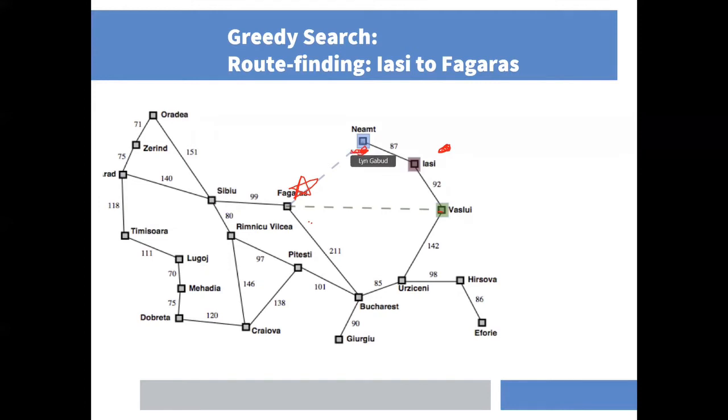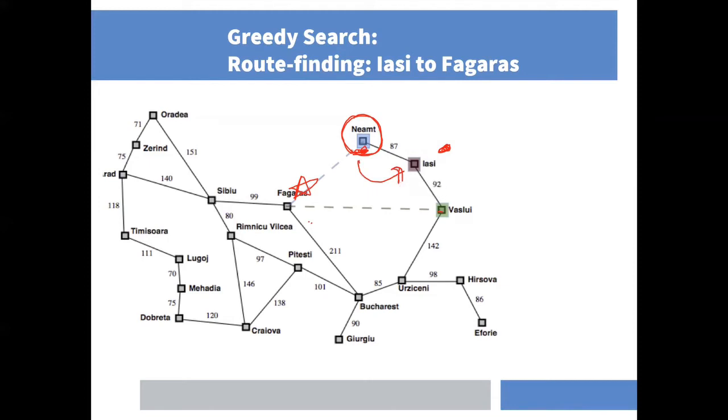However, this is a dead end. There is no path from Neamt to Fagaras. Therefore, since this has no other branches or path, this will expand Iasi.